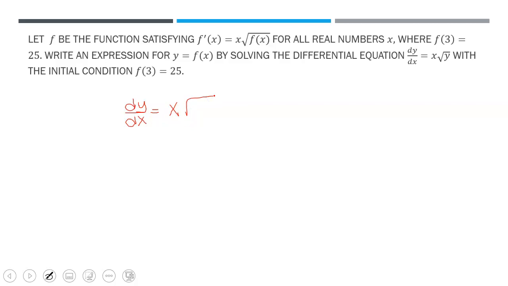We're going to change f of x to y. It's important to note that this is equivalent to that. The two boxed in values are equivalent statements. They mean the same.